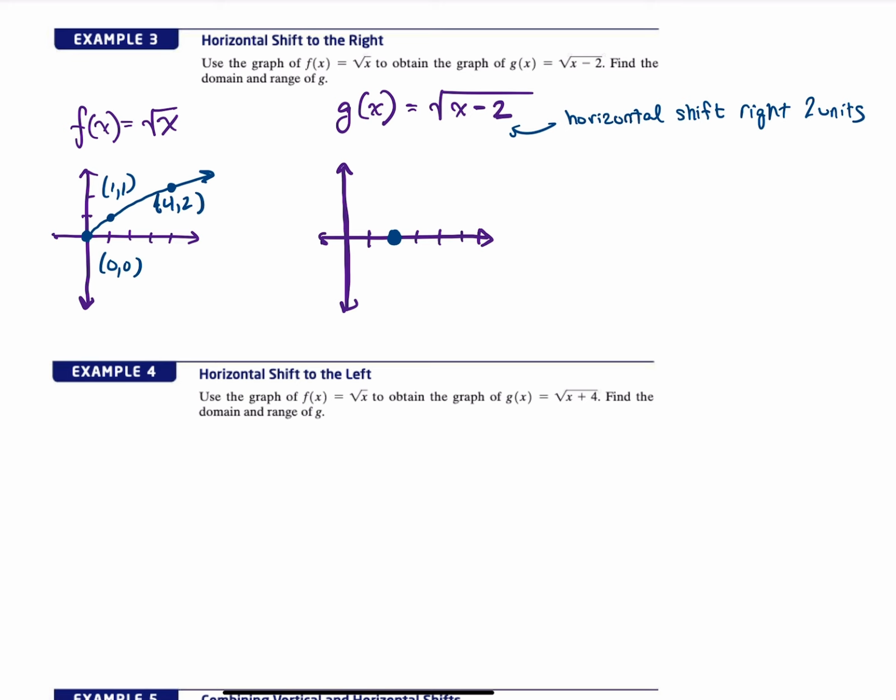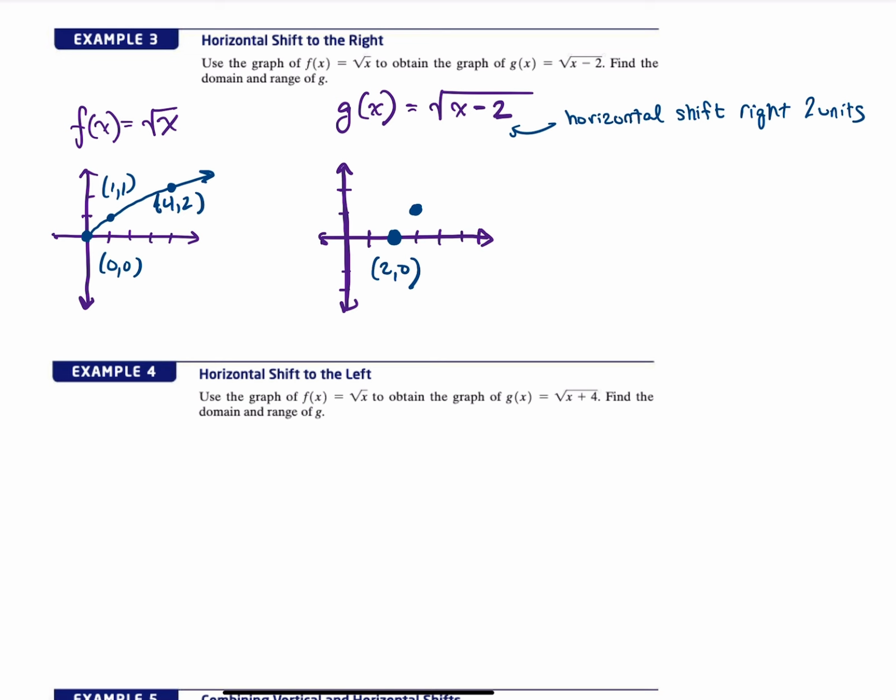So this will be the point 2, 0. Then I should have 1 point to the right of that and above it, because that's what we had over there. So we should have the point 3, 1 here.